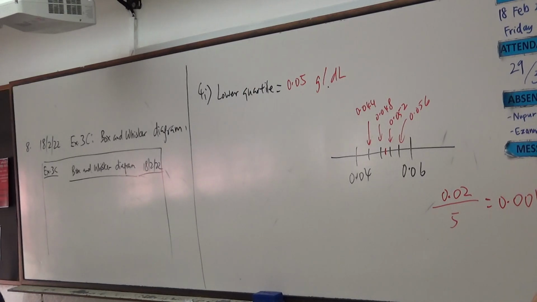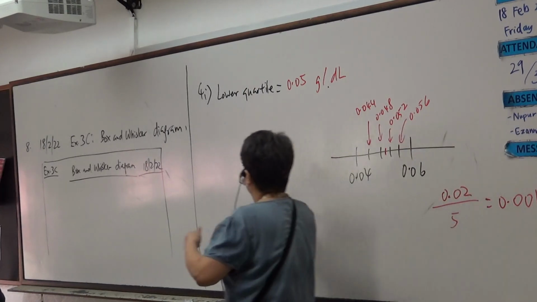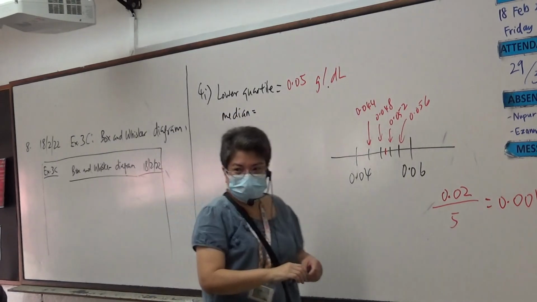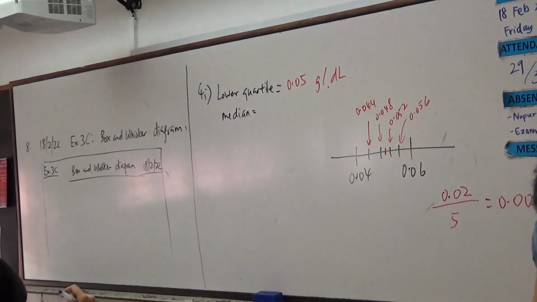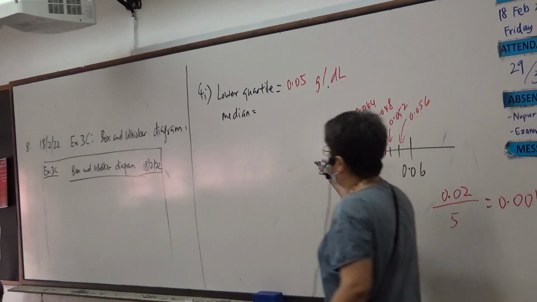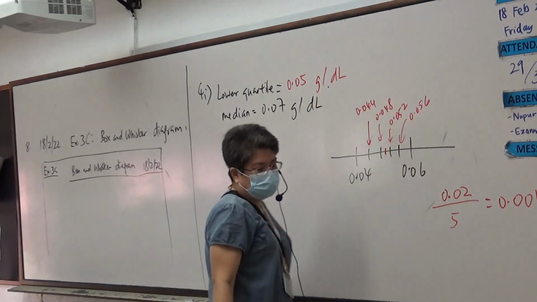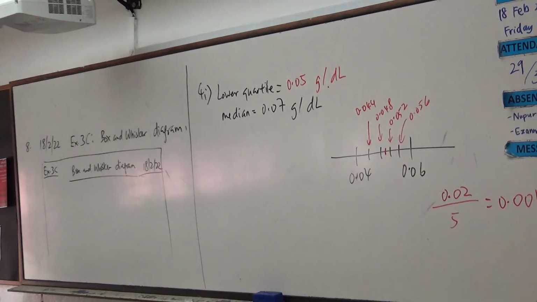What is the median? Okay, all of you read. What's the median? Read carefully, I don't want people to give me wrong answer. It's also straightforward. 0.0. Very good. 0.07 gram per deciliter. Last part.